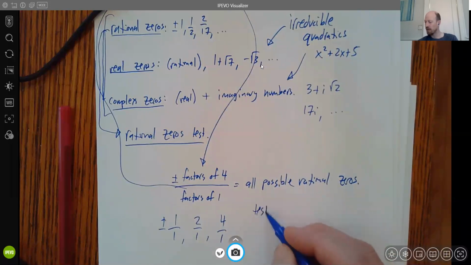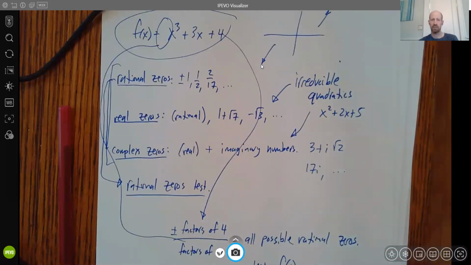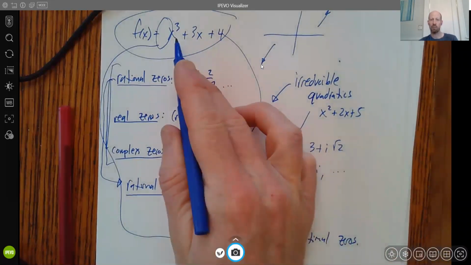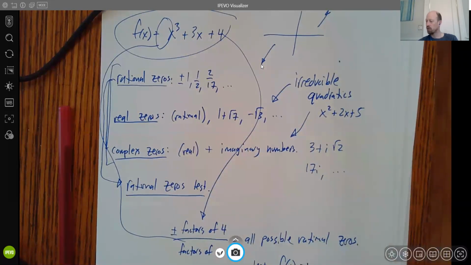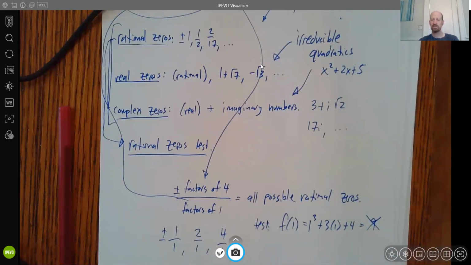And so the way we want to test those is just evaluate my function at each of these numbers, right? So f of 1 is going to be 1 cubed plus 3 times 1 plus 4, that equals 8, which is certainly not 0. Right? I mean, it has to equal 0 to be a zero because it's an x-intercept.